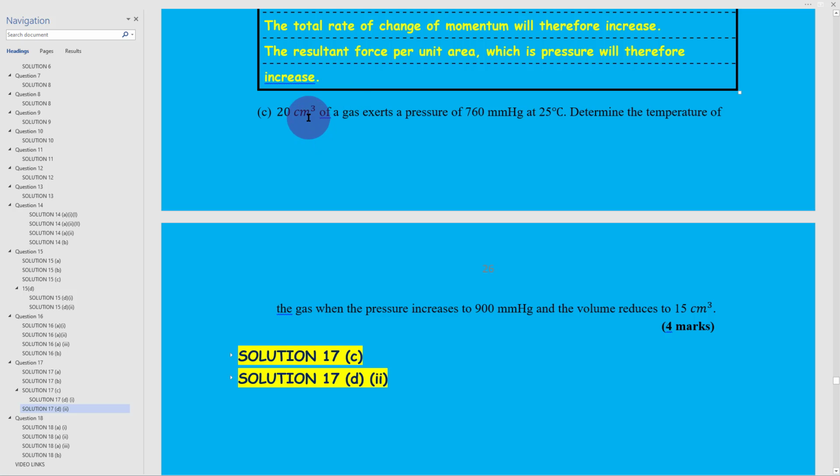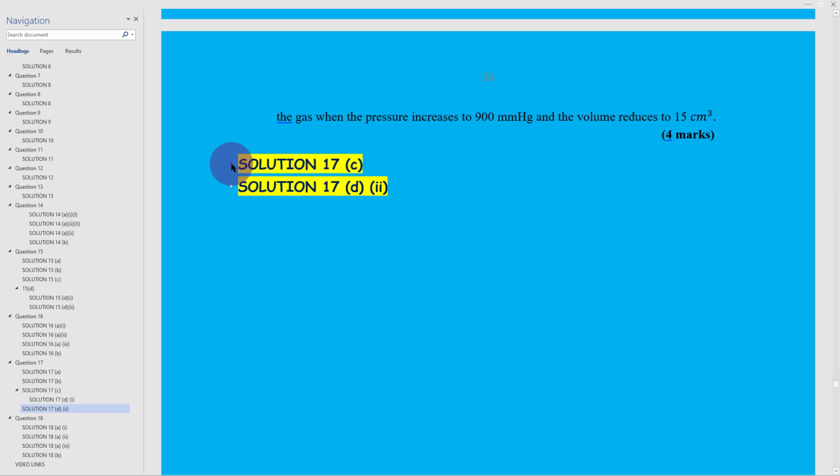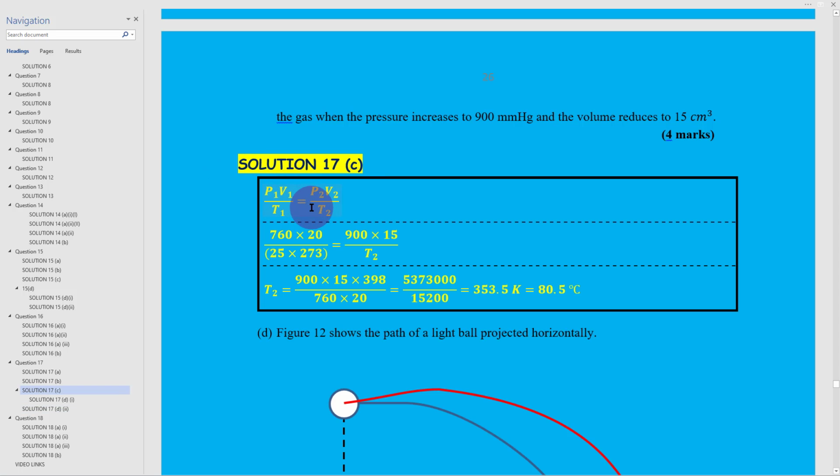So here we know that this is V1, this is P1, and this one is T1. Of course, we have to convert it into Kelvin. Now we are supposed to determine T2, given that P2 is 900 millimeters of mercury and V2 is 15 centimeters cubed.